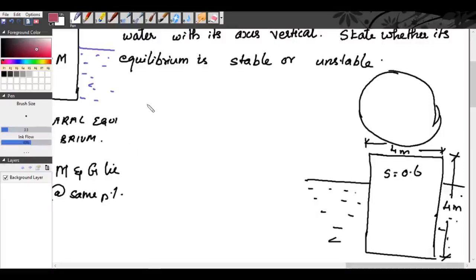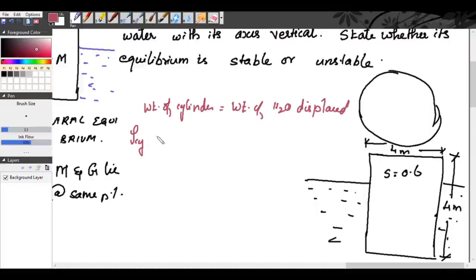We know weight of the cylinder will be equal to weight of the water displaced. Weight of the cylinder is density of the cylinder into gravity into volume of the cylinder, that is equal to weight of the water displaced, density of water into gravity into volume of water displaced.